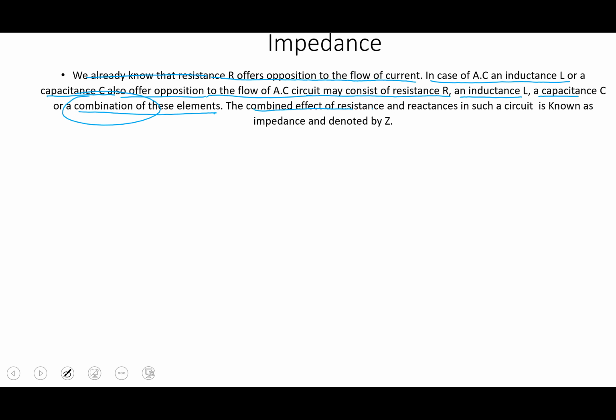The combined effect of resistance and reactance, that means resistance plus reactance, which is the opposition offered by capacitance and inductance, is equal to impedance.